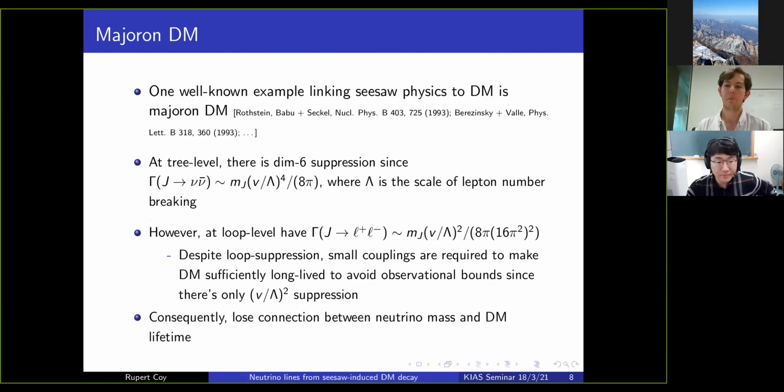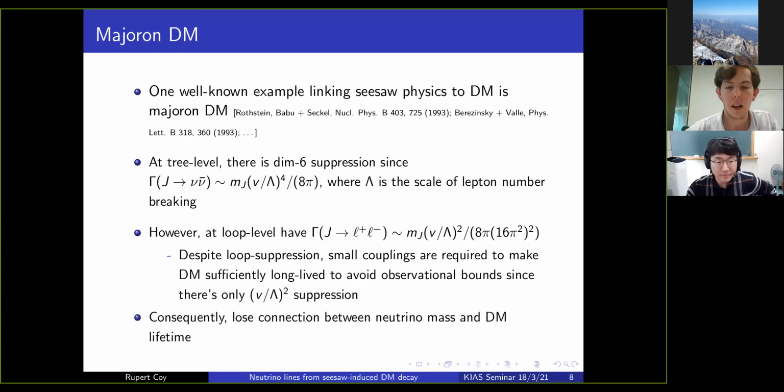So one thing that pops into mind when you think about UV physics destabilizing dark matter, and when you think about the seesaw in particular, is the well-known example of Majoron dark matter. Just a reminder, the Majoron is the pseudo-Nambu-Goldstone boson that arises when you spontaneously break lepton number symmetry, and that's typically done at the seesaw scale.